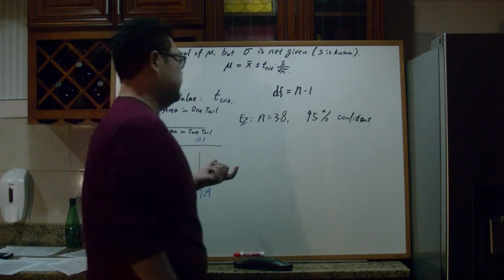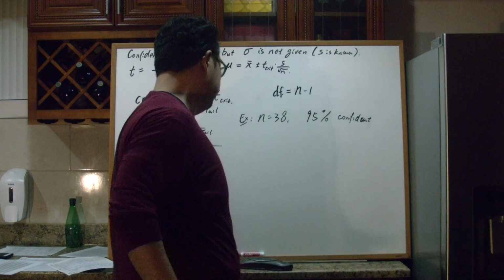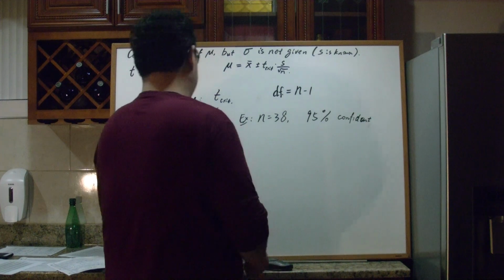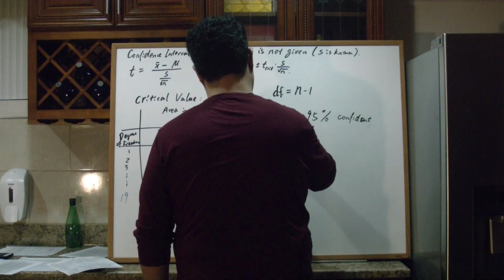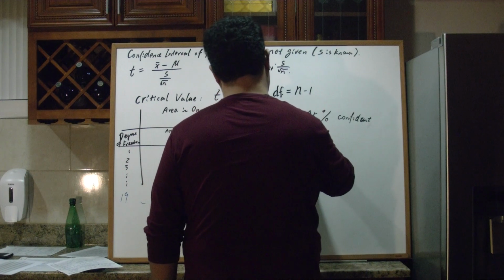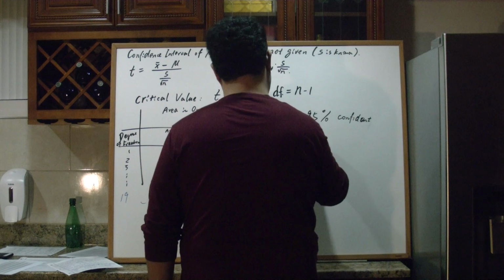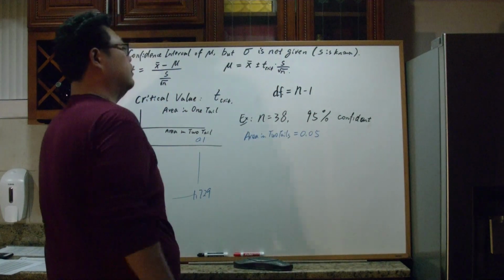So we know two things: area in two tails is 5%, in other words 0.05.